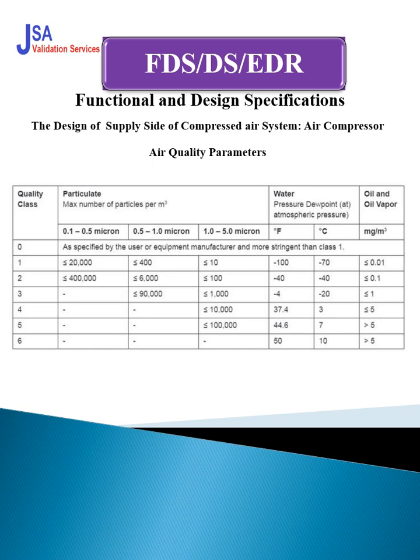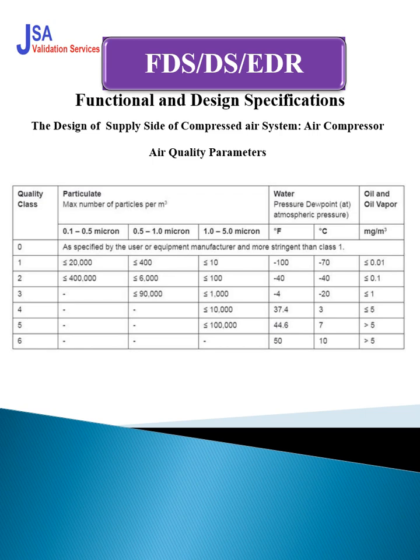If we are using class 1 or class 2 air, the dew point goes to -100, -70, -40, or -20 degrees, then +3, +7, and +10. These are the classifications of air. Similarly for oil vapors: less than 0.001, 0.01, 0.1, then 1, 5, and more than 5. These are the parameters for oil and mist.